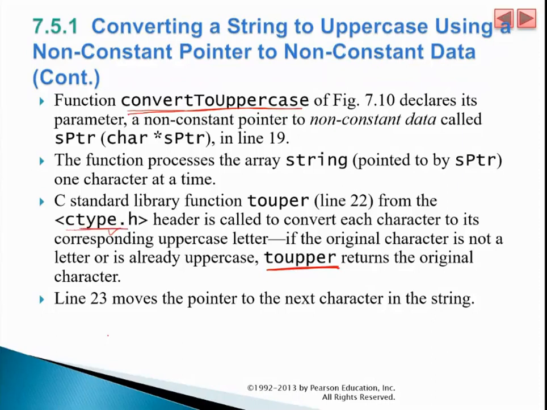We will cover this library in detail whenever we learn about strings. But please remember for now that ctype.h is a standard library which allows us to have multiple functions related to characters and strings, and toupper is a function which will convert the original letter into uppercase.